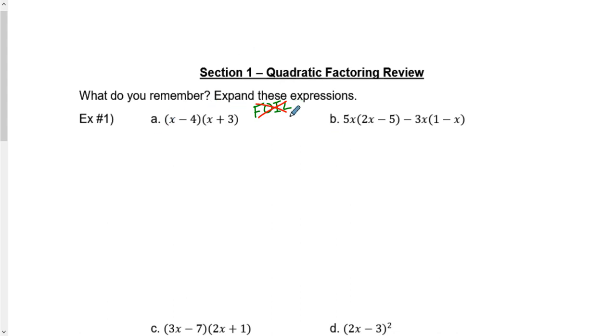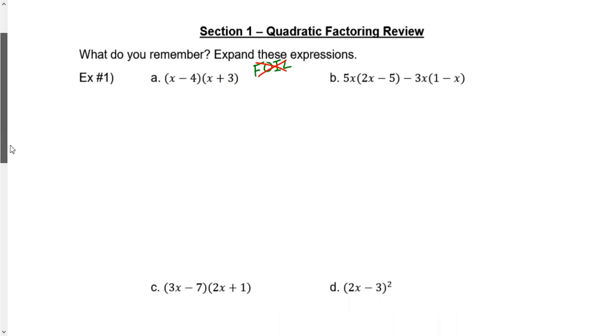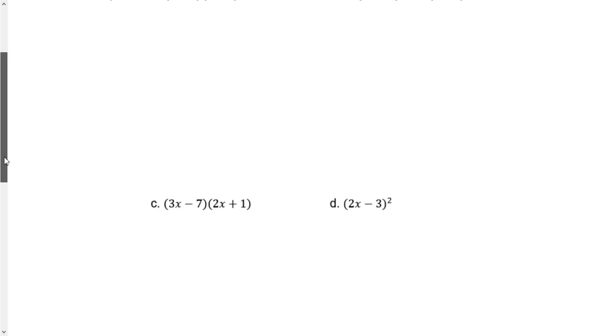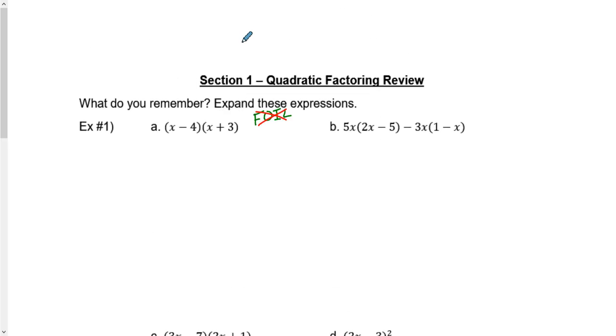All right, I'll have explained this in other courses, but the overall idea is this only works for a binomial by a binomial. It will not work for anything that potentially has more than 2 terms.